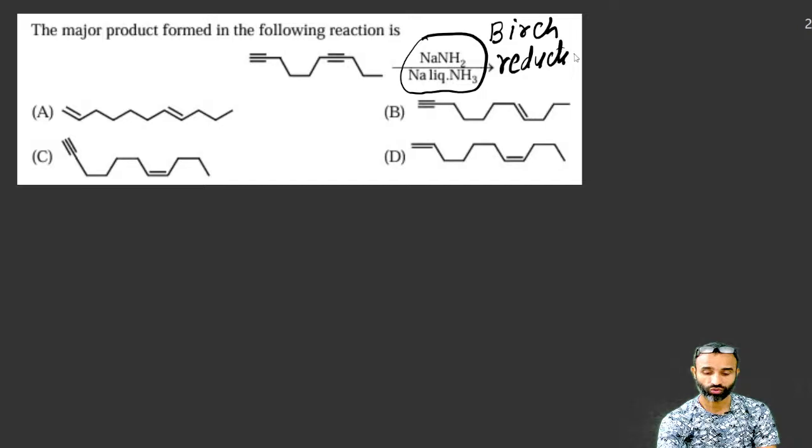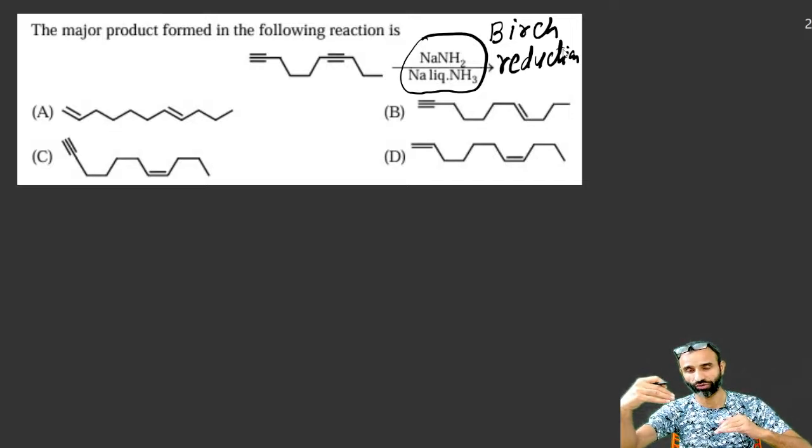Actually, there are 2 reagents. One is H2/Pd, that will give cis alkene, and sodium in liquid ammonia will give trans alkene because there is anti-addition of hydrogens.